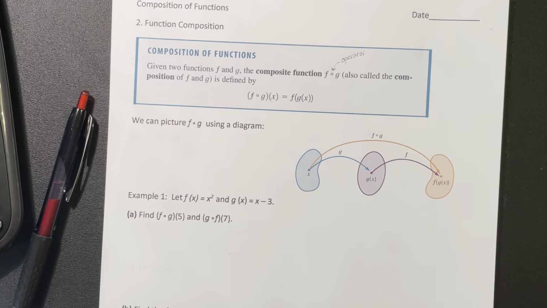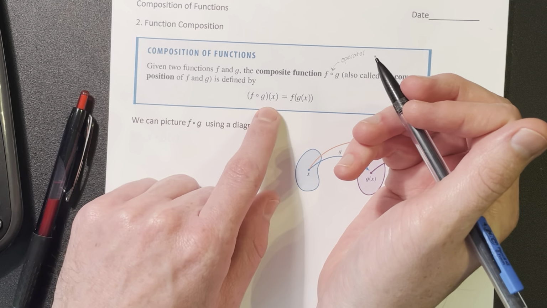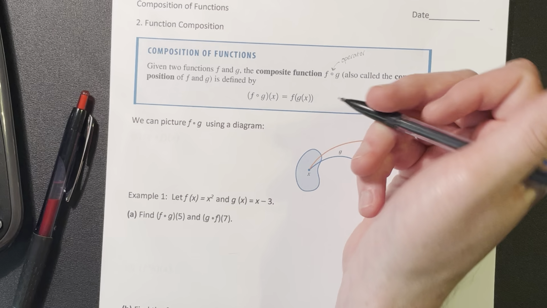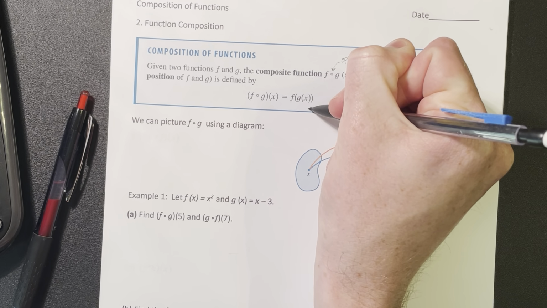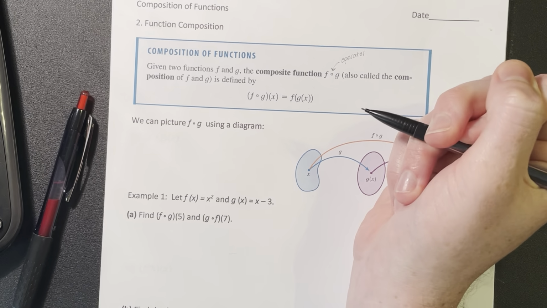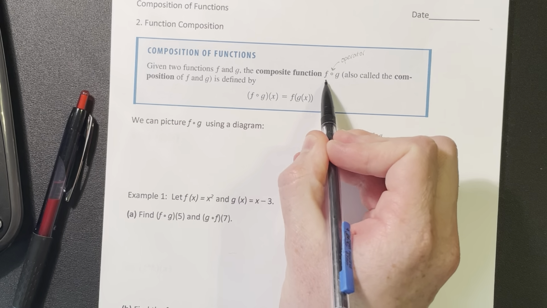So if I compose f with g, what it means is that the g function is going inside of the f function. So it's also written as f of, like we normally have function notation, g of x. And the order matters in which you see these two letters.